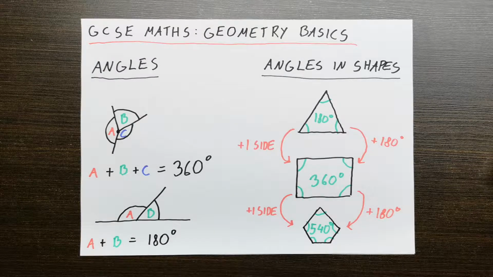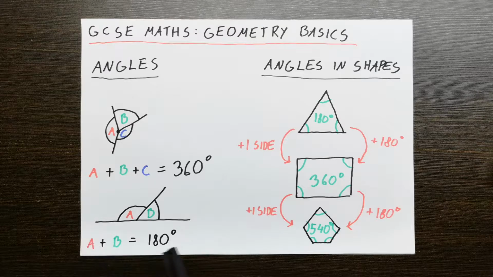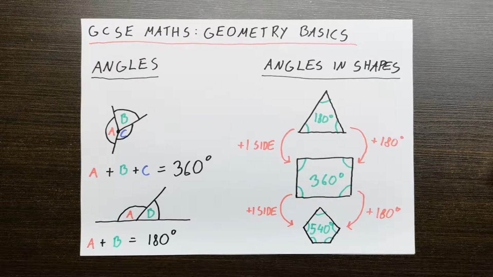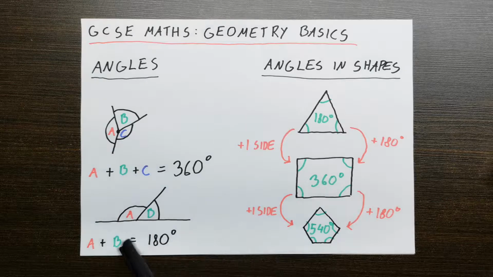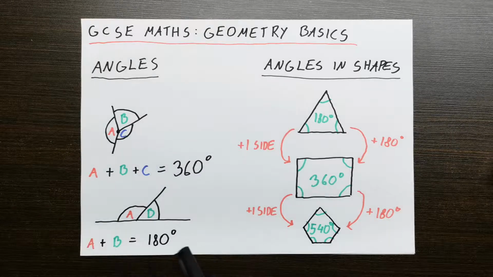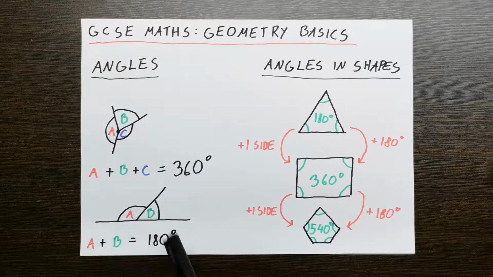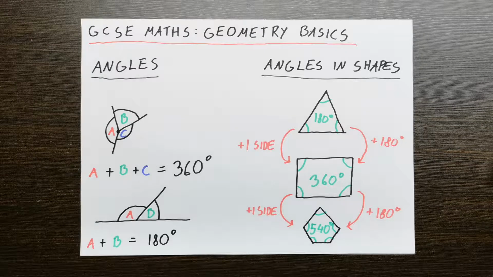That's a rule. Now, the second rule I want to cover is that angles that are on a straight line, on the other hand, add up to 180 degrees. If you think about this, it's half of a circle. If we have a full circle here, and here we have a straight line, those angles together form half of a circle.